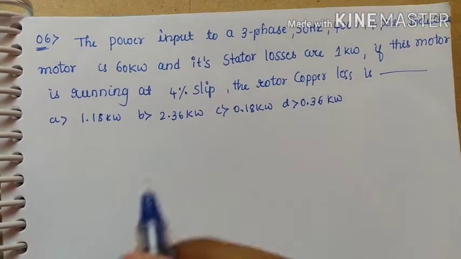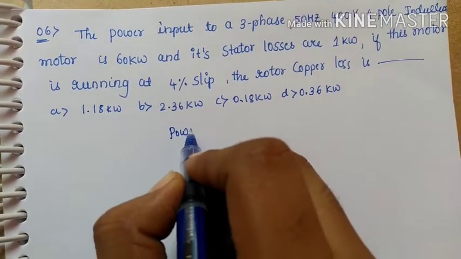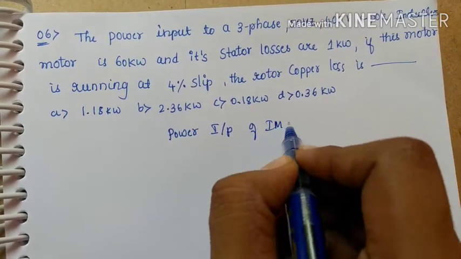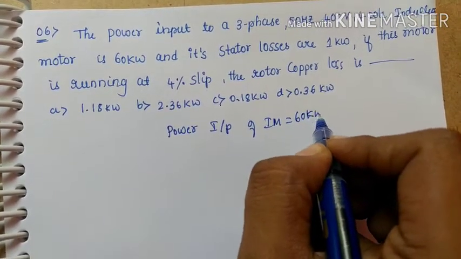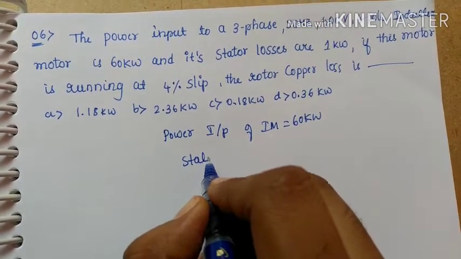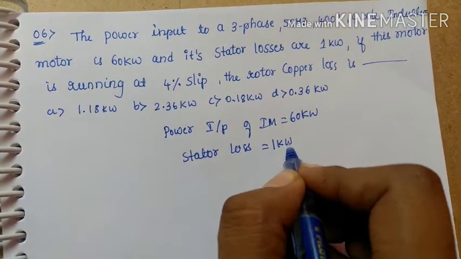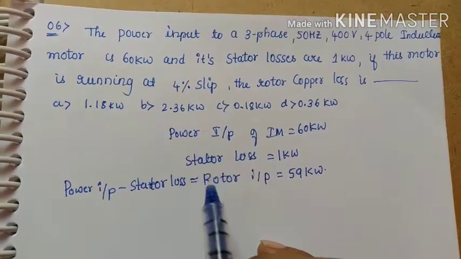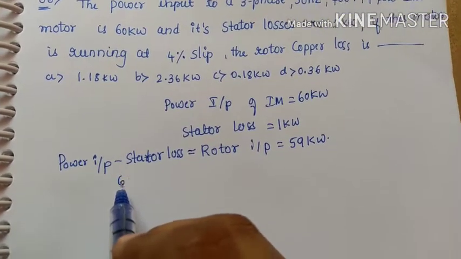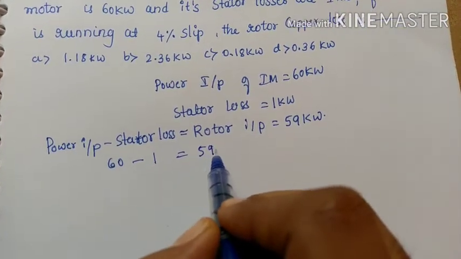Let's solve this. They have given the power input of the induction motor as 60 kilowatt. Here they have given stator losses of 1 kilowatt. So the rotor input will be power input minus stator losses, that is 60 kilowatt minus 1, that will be 59 kilowatt.